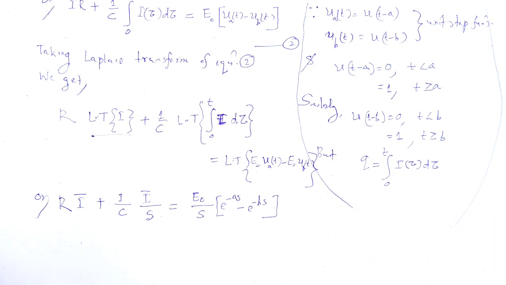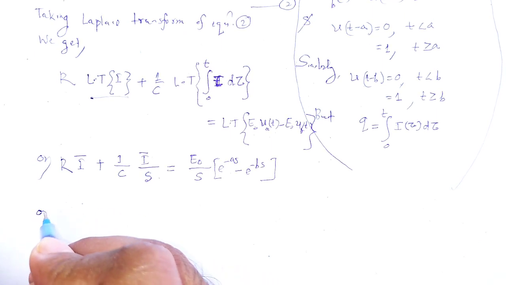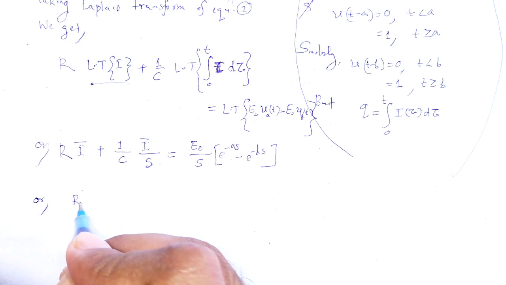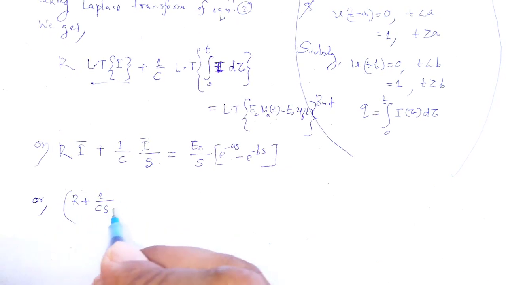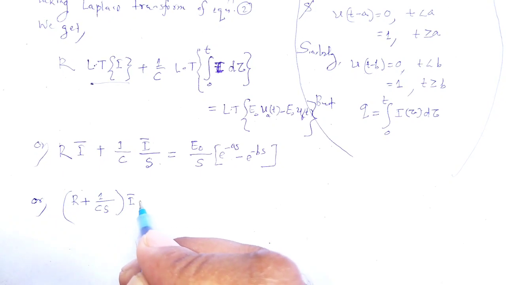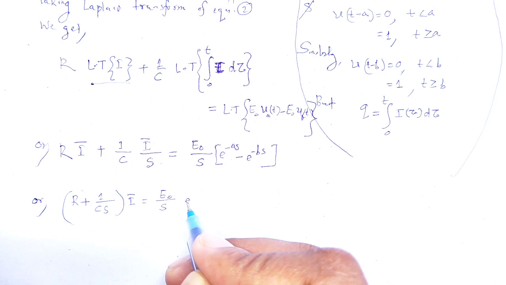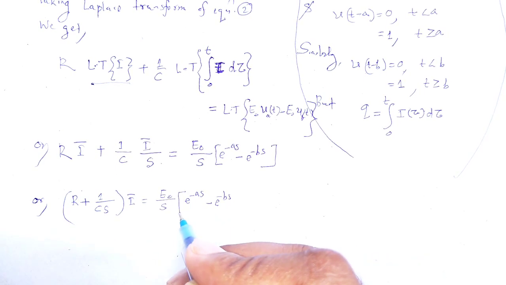The Laplace transform of unit step function formula is used here. Therefore, taking I bar as common, (R plus 1 divided by Cs) I bar is equal to E naught by s, e to the power minus as minus e to the power minus bs.